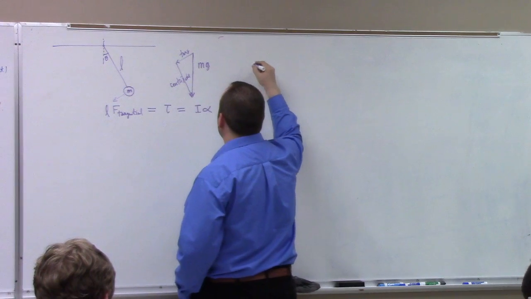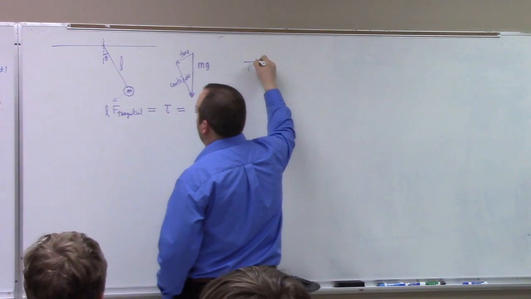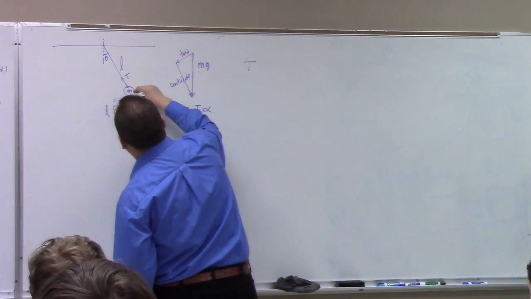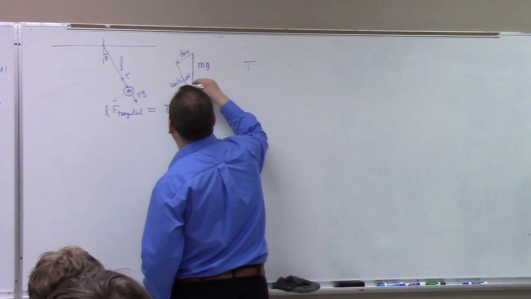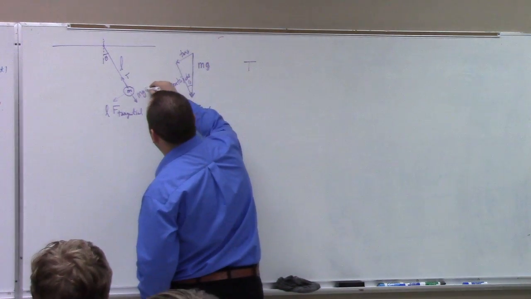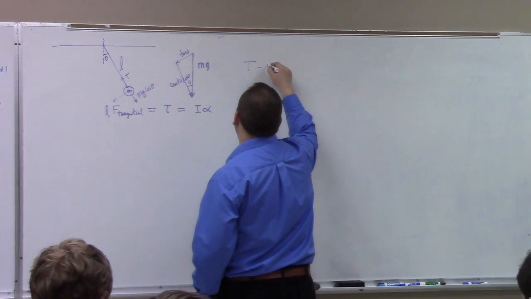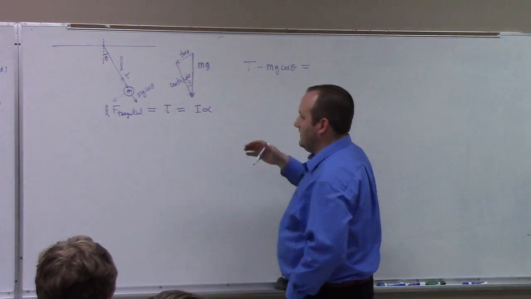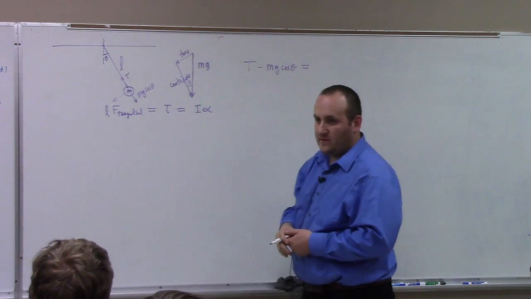What we have is that the tension, which way? Here you've got tension like this, right? You've got mg. This angle's theta down here, right? So mg cosine theta. You have tension minus mg cosine theta equals what? This is going in a circle, right? So it goes back to that derivation we did early on.